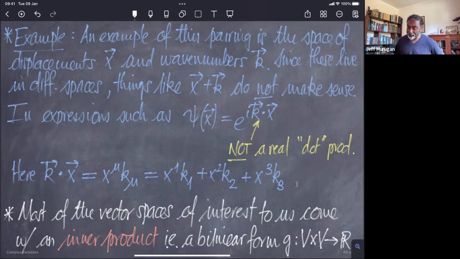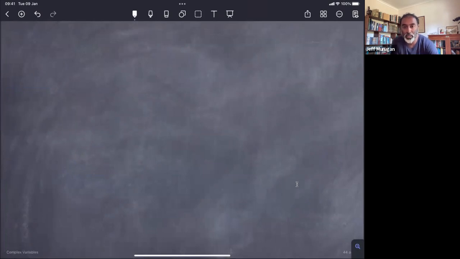Okay, so what this will mean is that I can use it to calculate, for example, the length of a vector.